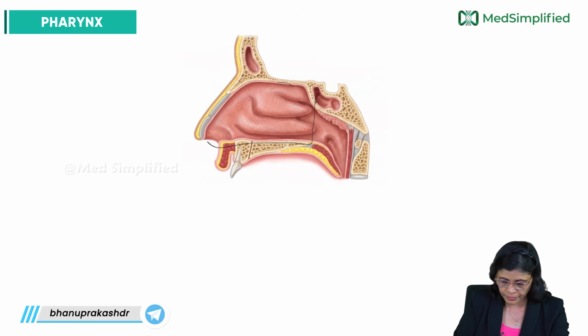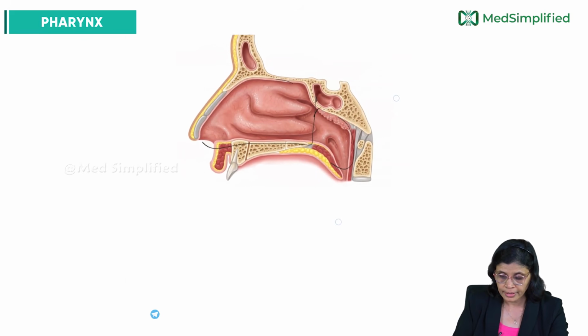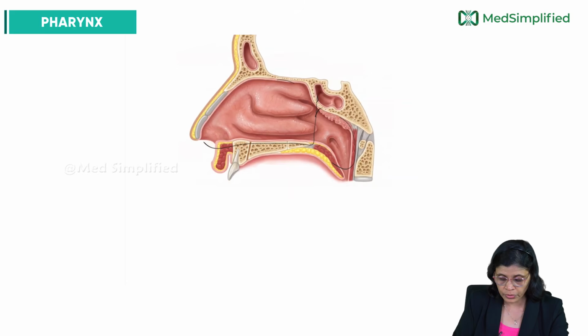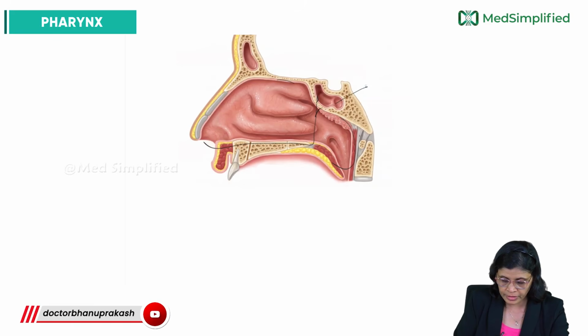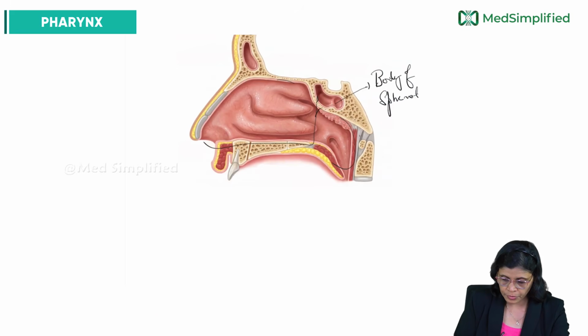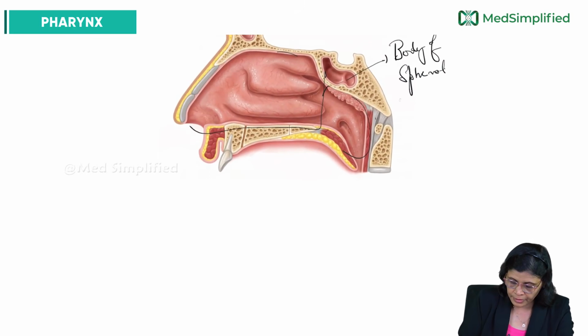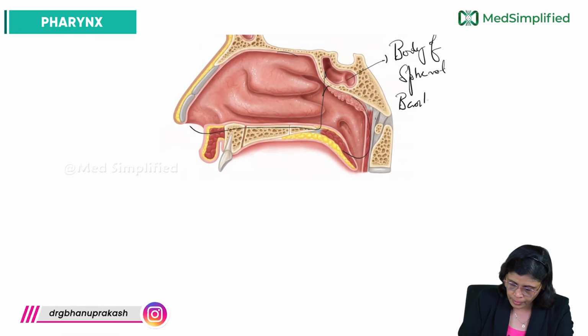Above, the roof and the posterior wall are formed by the body of the sphenoid along with the basilar part of the occipital bone.